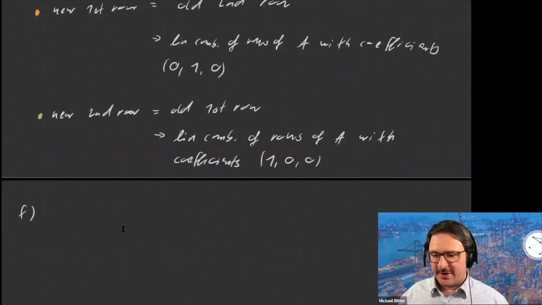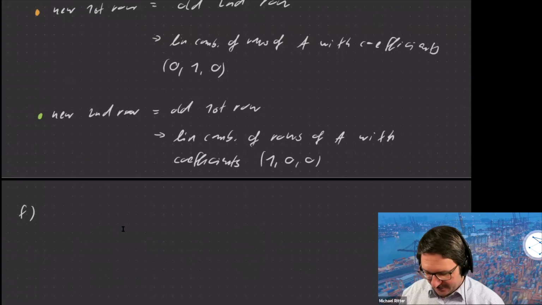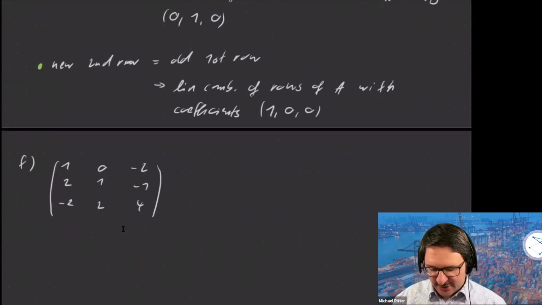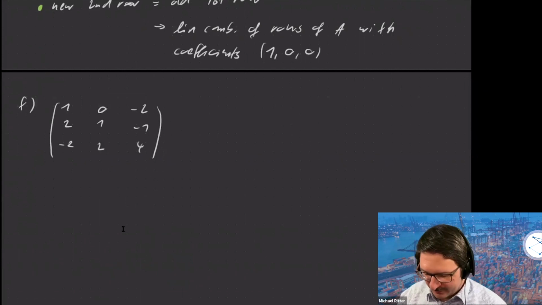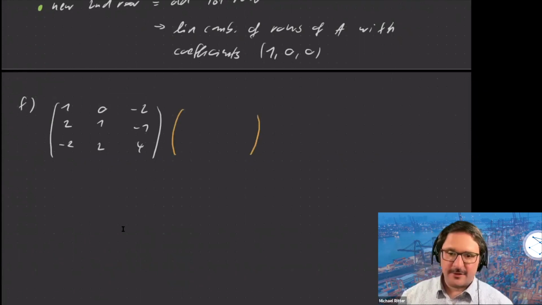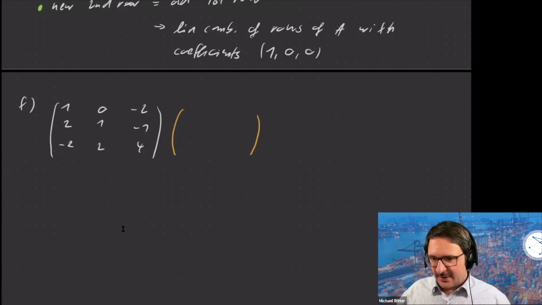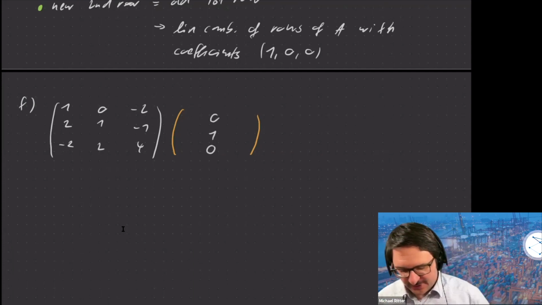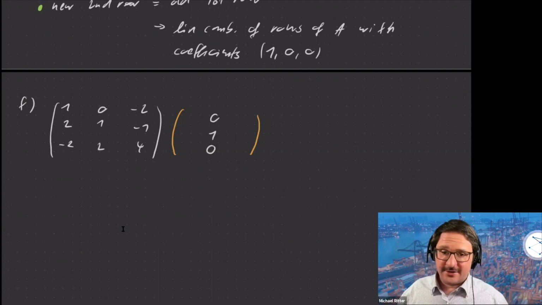Here we're swapping the first and the third column. So this time we're working with columns. If we want to manipulate the columns of A, we need to multiply with something from the right. We're changing the first and the third column, so we're not changing the second column. So we just keep that. We can do that by just putting the suitable unit vector here in the second column.